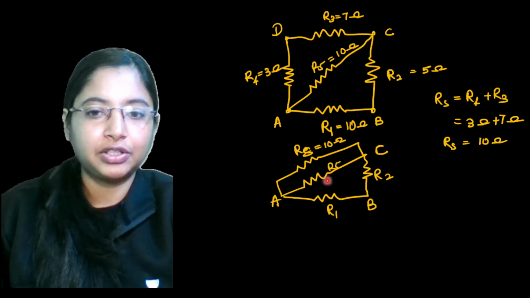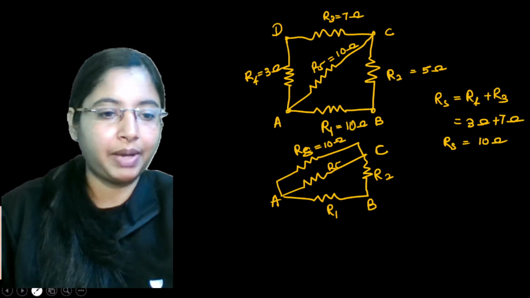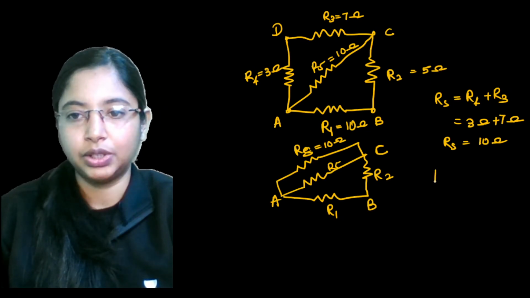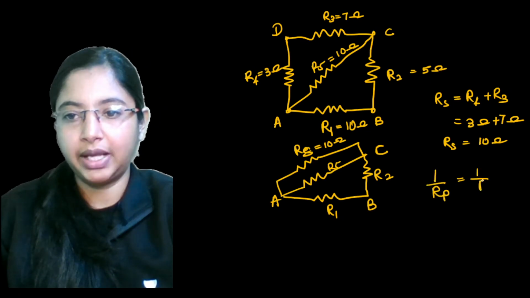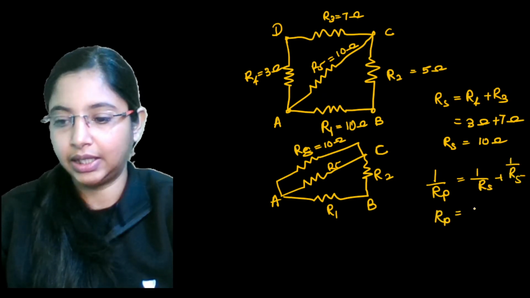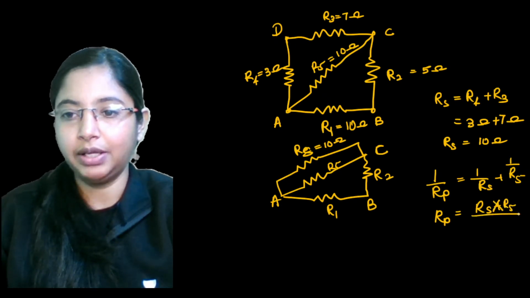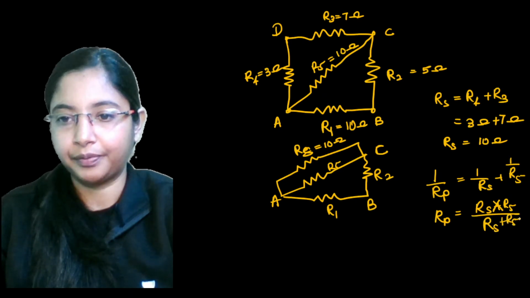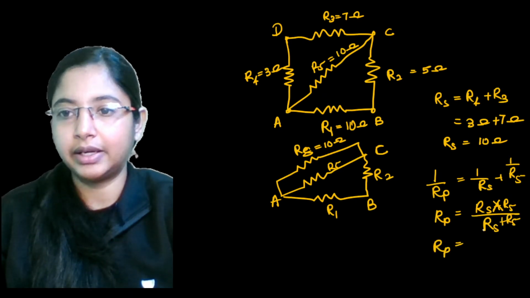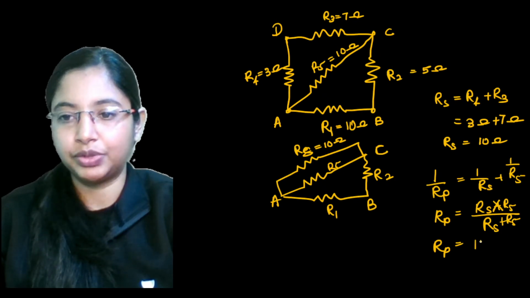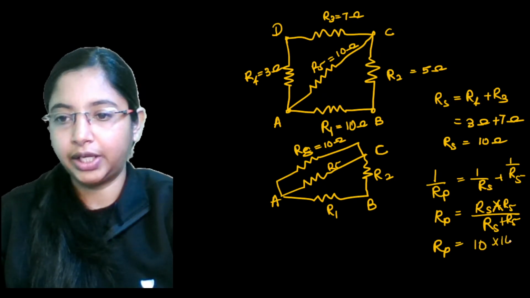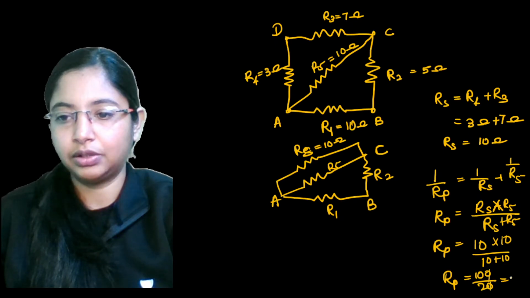You can do the parallel combination and find the effective resistance for those two. So 1 by Rp will be 1 by Rs plus 1 by R5. So Rp will be Rs into R5 by Rs plus R5. Rs has a value of 10 ohms, R5 is also 10. 10 into 10 by 10 plus 10, so you will get 100 by 20. That is around 5 ohms.